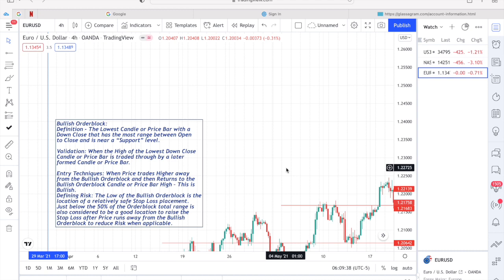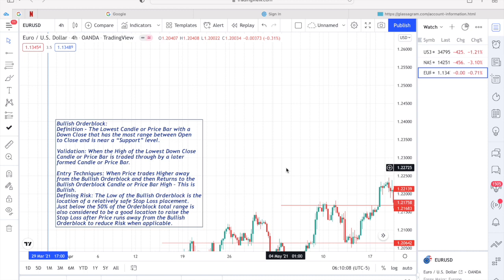So today I want to talk about order blocks. You really have to understand how to use order blocks in order to become profitable in trading. Because if you do not understand order blocks, you might use them wrongly, and then they might not be effective in your trading style.